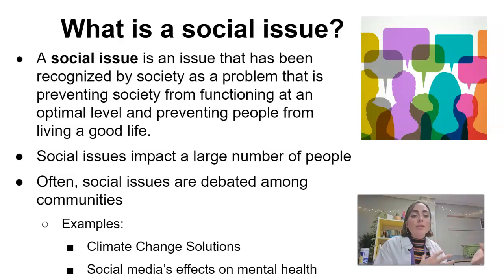Some people think we just need to recycle more. People have a lot of different opinions on this. Another example is social media's effect on mental health. Obviously we know a lot of young people are using social media, and some people feel like this is a real societal issue, that it's negatively impacting our mental health. So those are a couple of examples.